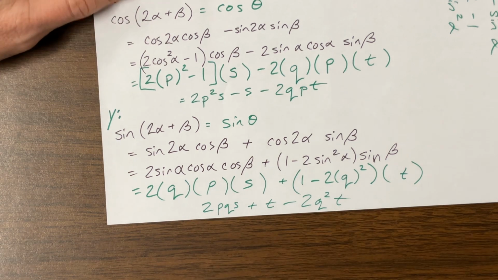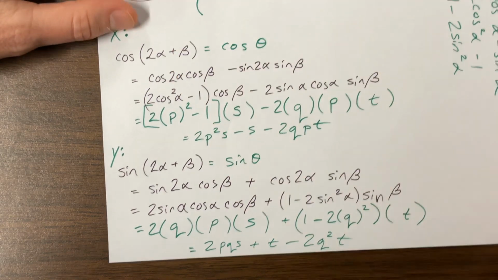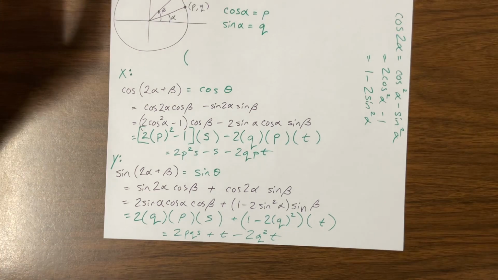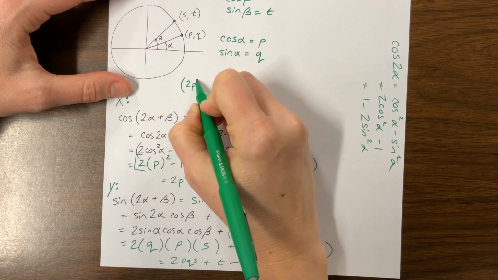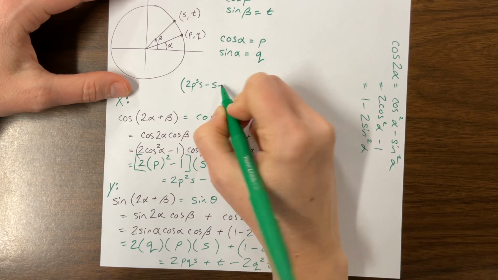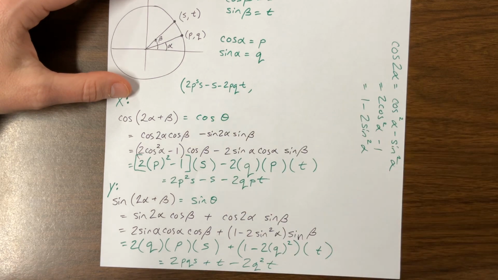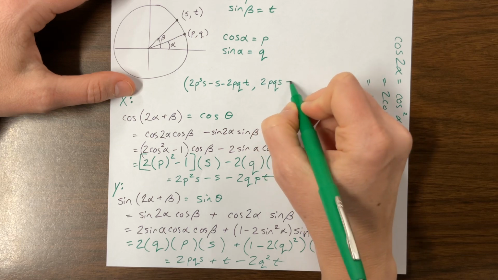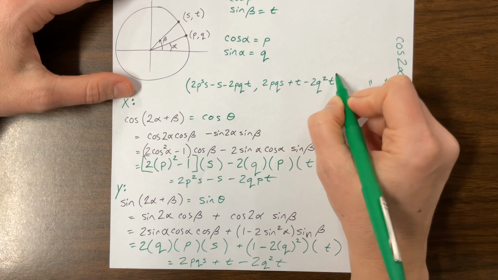So if we were to write this as an ordered pair, the x value would be something. Can you see all of what I'm doing? How about now? Okay. The x coordinate would be 2p squared s minus, I'll put it in alphabetical order, 2pqt. That is ridiculous. The y value would be 2pqs plus t minus 2q squared t.